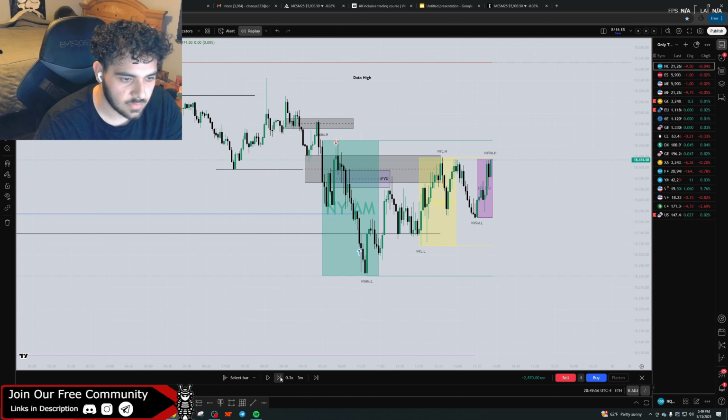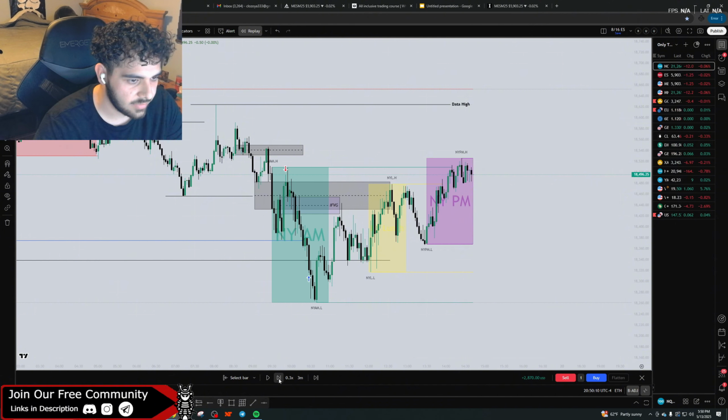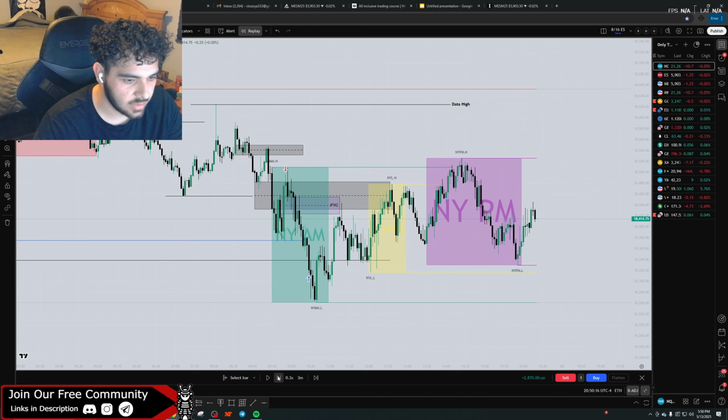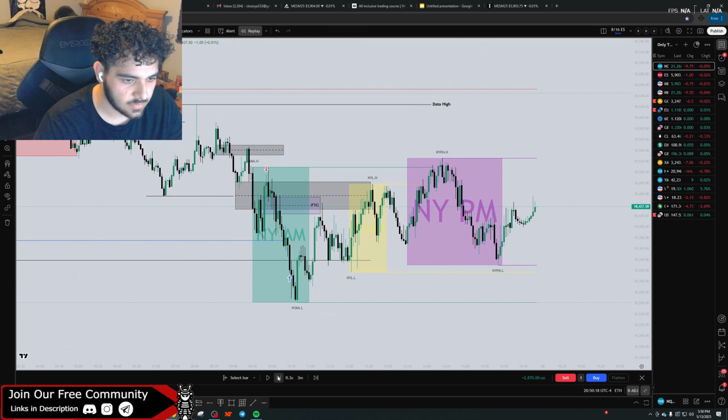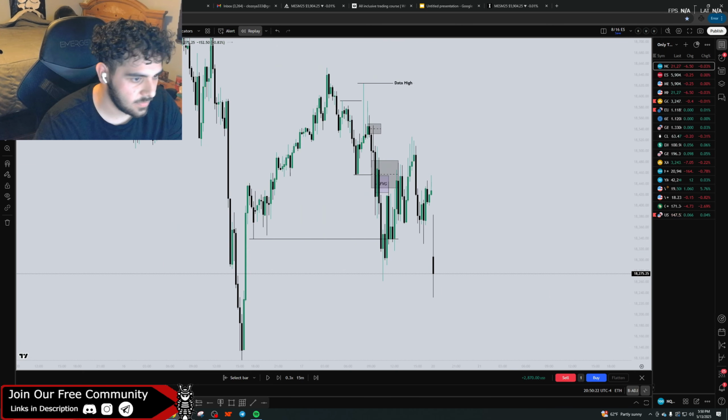So just see if there's anything else. We might push to that data high right here. But I don't like how much low resistance liquidity we have down there. So yeah, it's kind of risky to enter that initial leg. Okay, let's go to the next day.